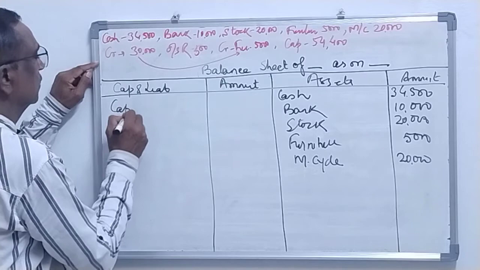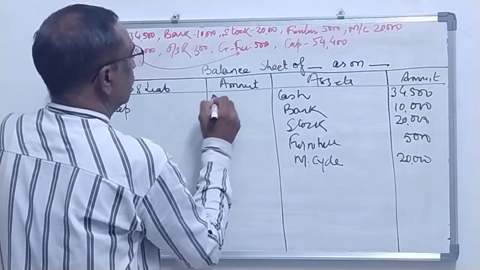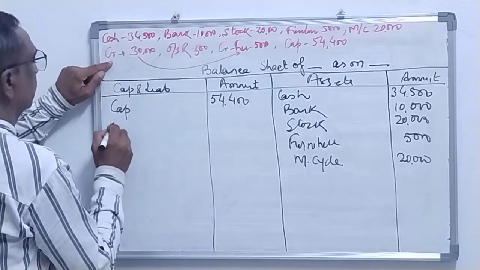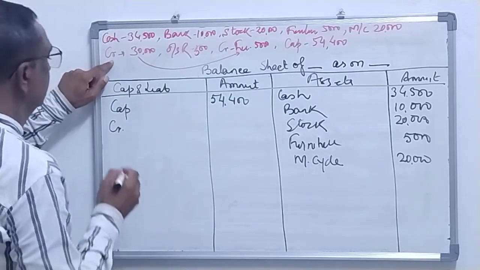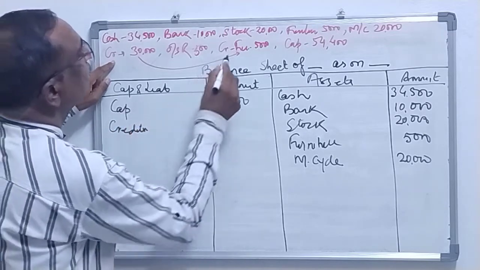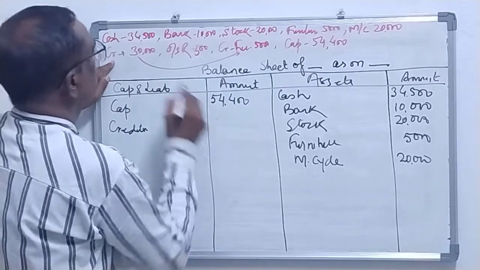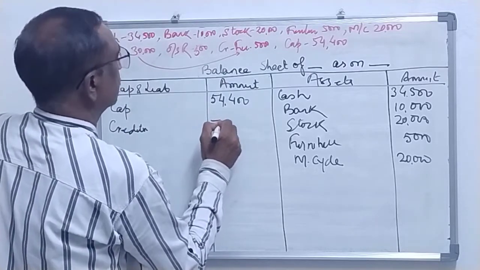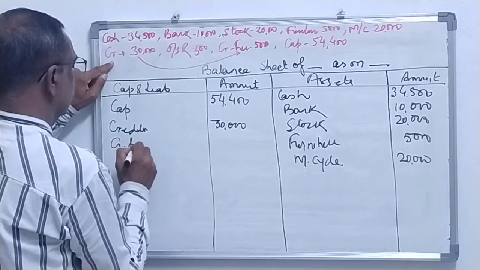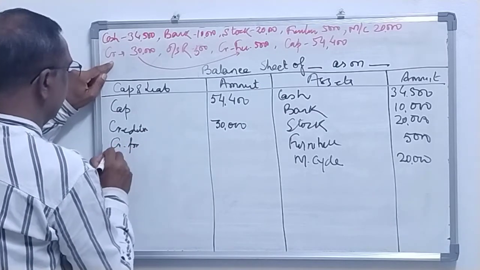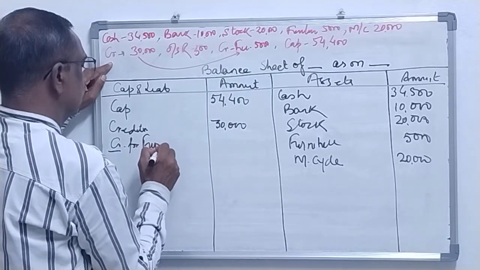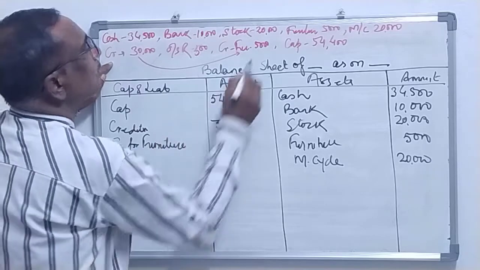Capital 54,400. Creditors 30,000. Creditors, or you can write vendors, for furniture 5,000.